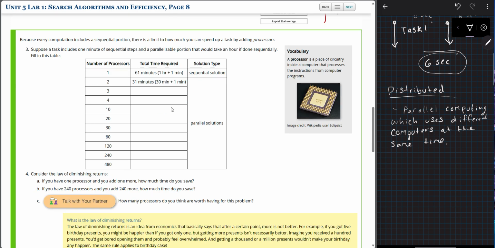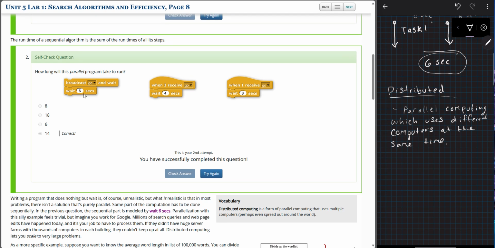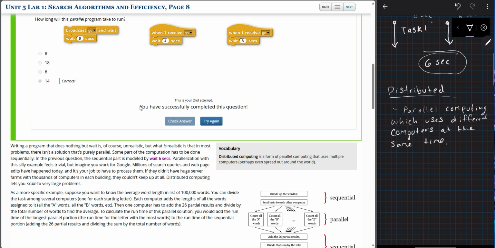So let's go here. Because every computation includes a sequential portion, there's a limit of how much you can speed up a task by adding processors. So yes, you can add processors as much as you want, but as you saw here, there's this wait 6 seconds that will always take you 6 seconds, and you cannot speed that up.